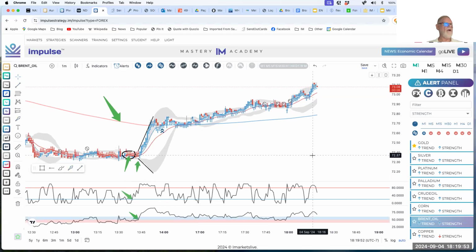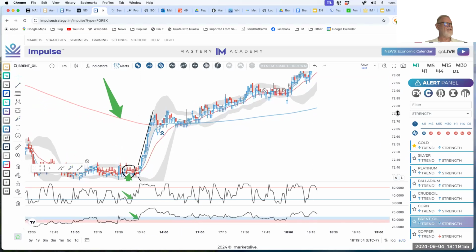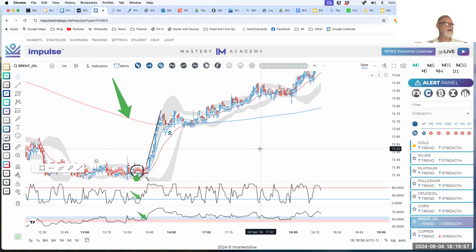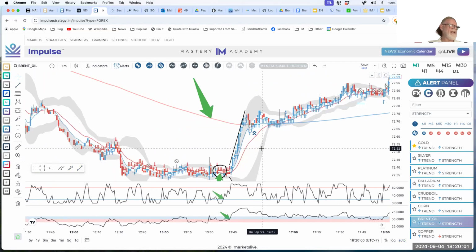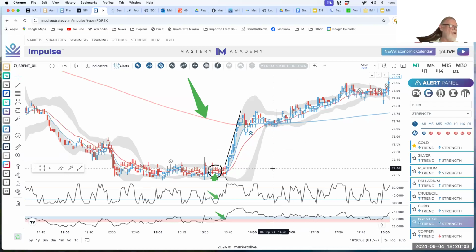And I'm just going to open this up a little bit to show you what that looks like when we look at the arrows, because the blue arrows and the red arrows are also very important. In each of these little arrows, 50 different calculations go into each of these arrows.